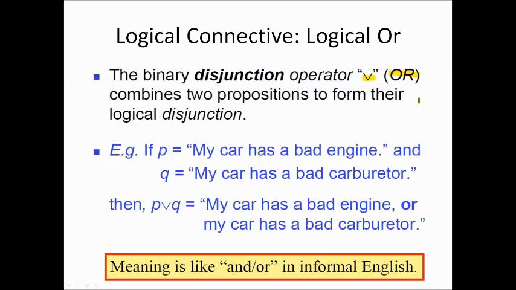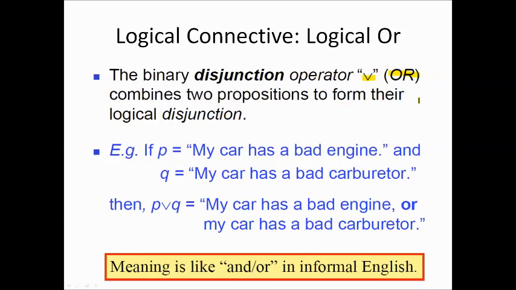So for example, if my propositional variable P equals my car has a bad engine and my propositional variable Q equals my car has a bad carburetor, then what is the logical disjunction of P and Q? So my car has a bad engine.